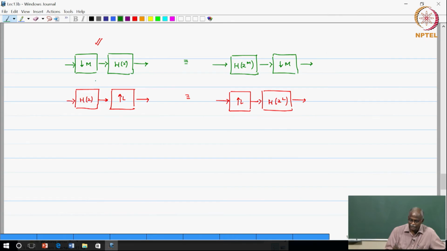So this would be the preferred one. When we want to do interpolation, I have to follow it by the interpolation filter.